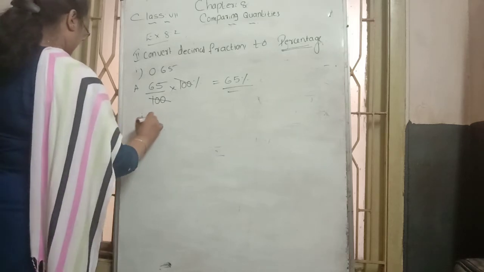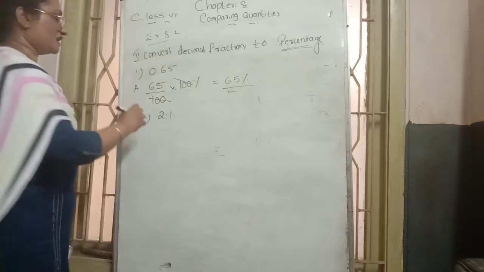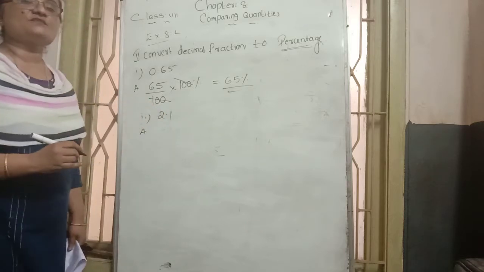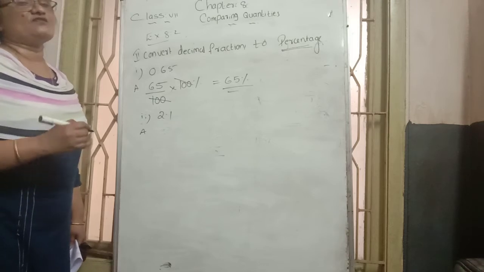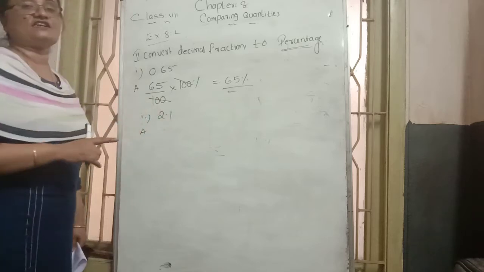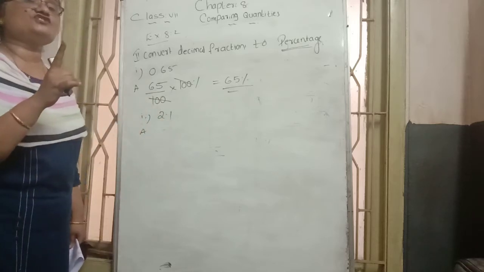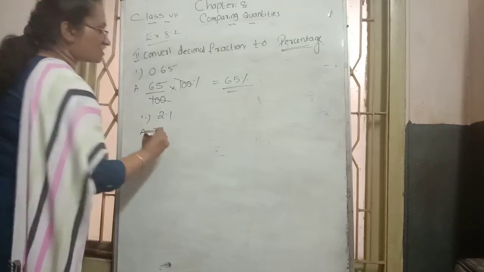Then the second question. Next is 2.1 converted to percentage. First of all, we remove the decimal point. How to remove the decimal point? Divide, since there is 1 digit after the decimal point. Which one? 1 is the 1 digit. That's why divide with which number? Divided with 10. So we can write 21 by 10. That removes the decimal point.